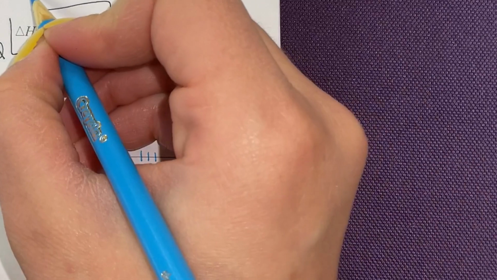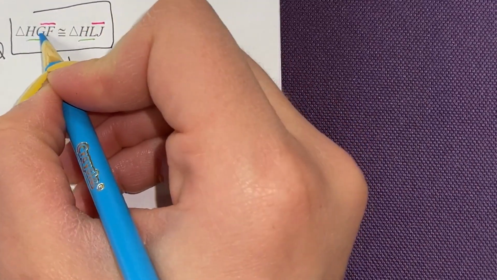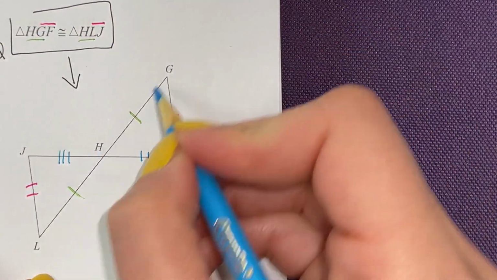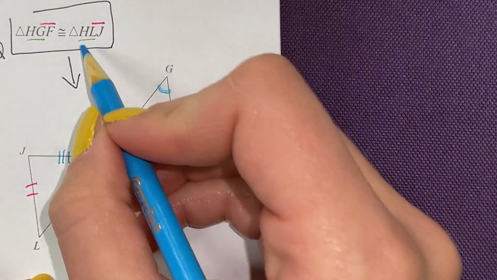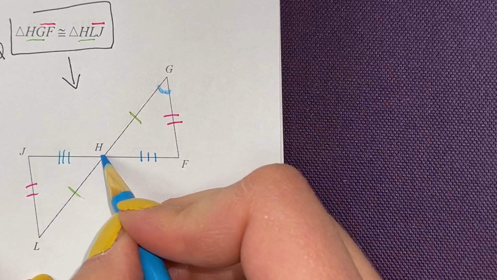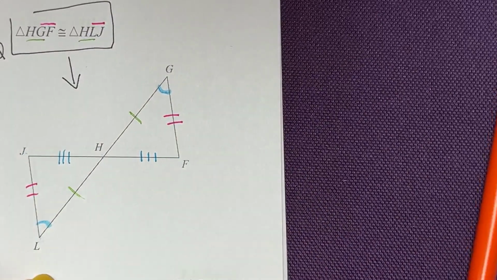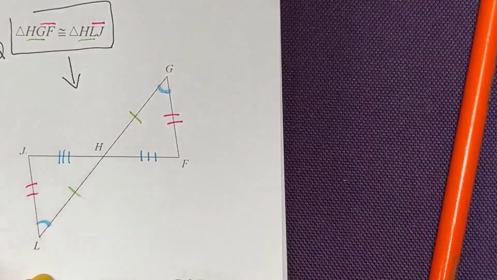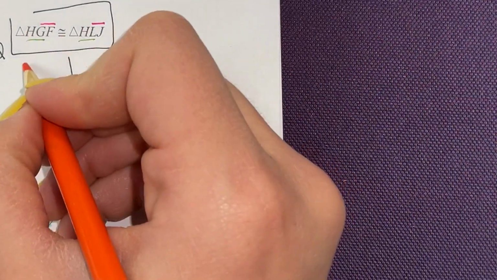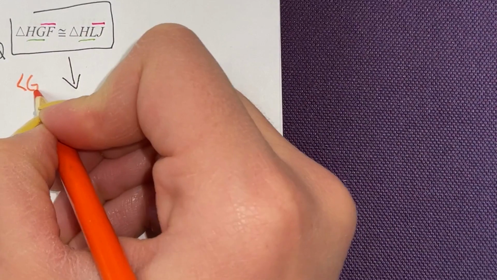So I can say angle HGF, this is congruent to angle HLJ. And then I can kind of write this in another way. So let's say we have angle GFH.